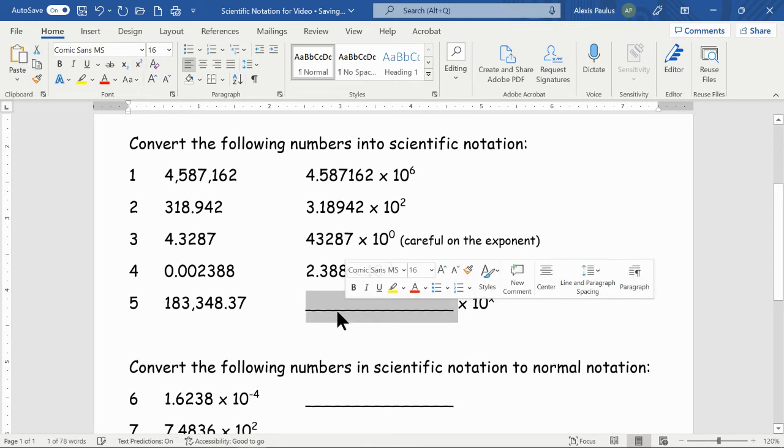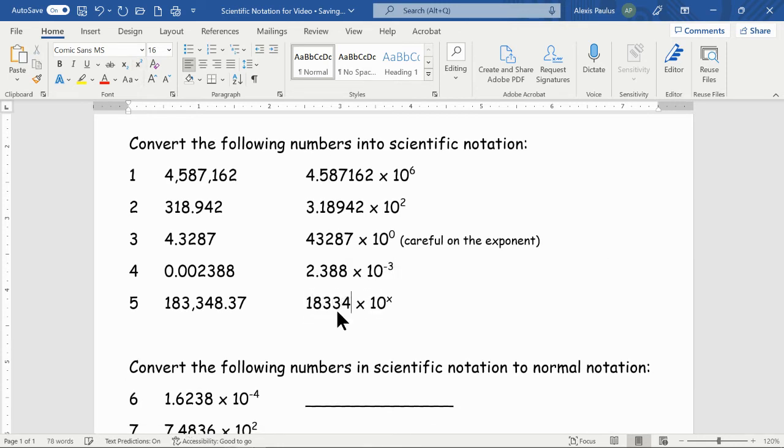All right, 1, 8, 3, 3, 4, 8, 3, 7. Decimal's always after the first one. All right, so if this is where the decimal is, it goes 1, 2, 3, 4, 5 spaces to the right. That makes it a positive exponent, and it makes it a positive 5.